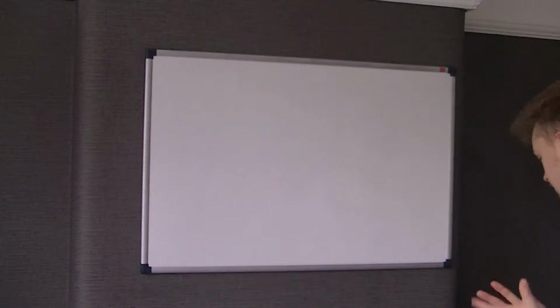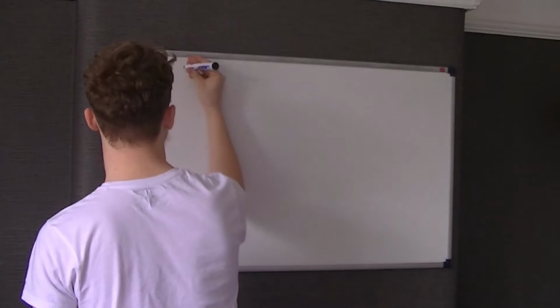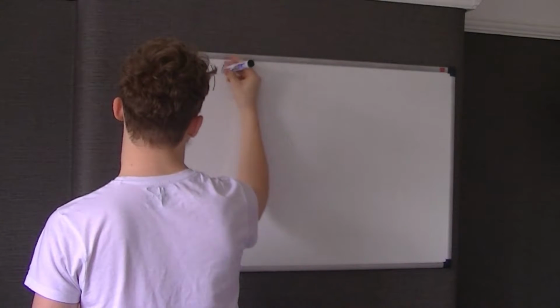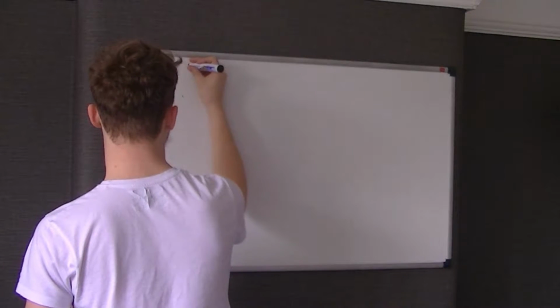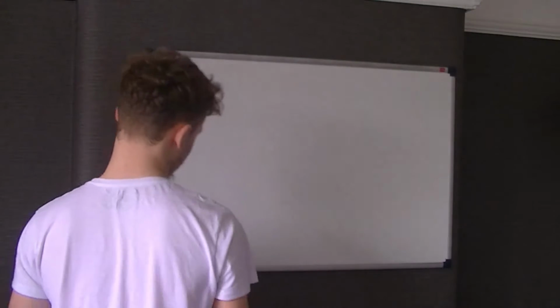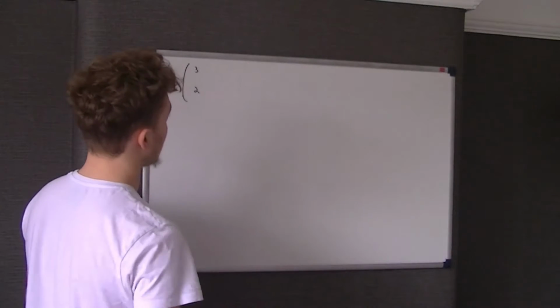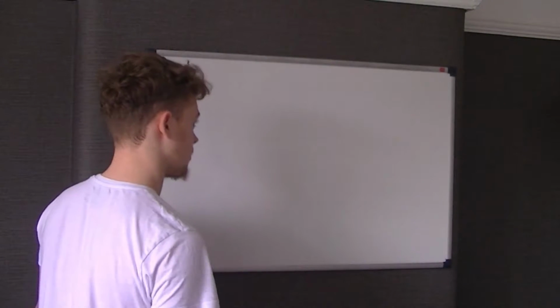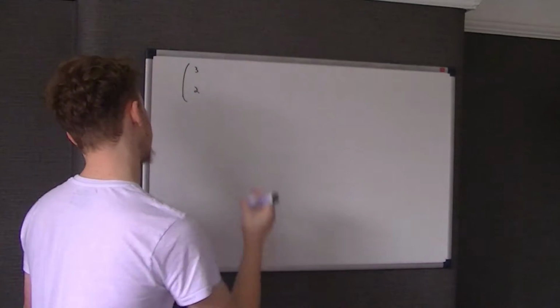In the last video, we looked at multiplying matrices together. We said there has to be the same amount of numbers in the first row of the first matrix as there is in the column of the second matrix.